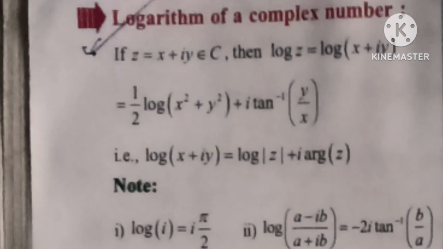Now log. For x plus iy, log z, the formula is log of square root of x square plus y square, plus i tan inverse of y by x. This is the logarithm of a complex number.